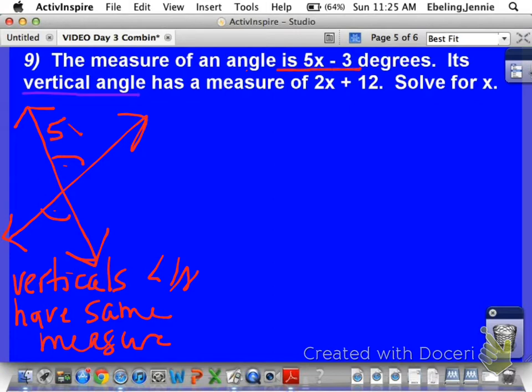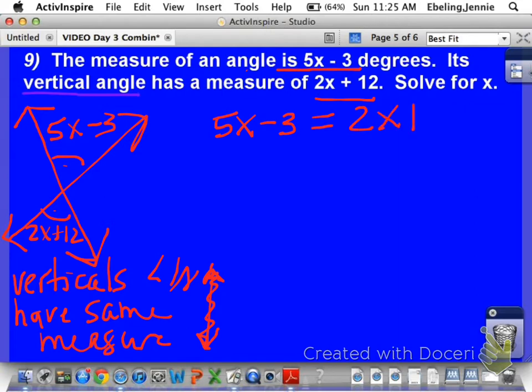So they're saying this is 5x minus 3. Its vertical angle has a measure of 2x plus 12. So this is 2x plus 12. Well, if I know that vertical angles have the same measure here, I can set up an equation. If they're the same measure, then 5x minus 3 has to be equal to 2x plus 12.